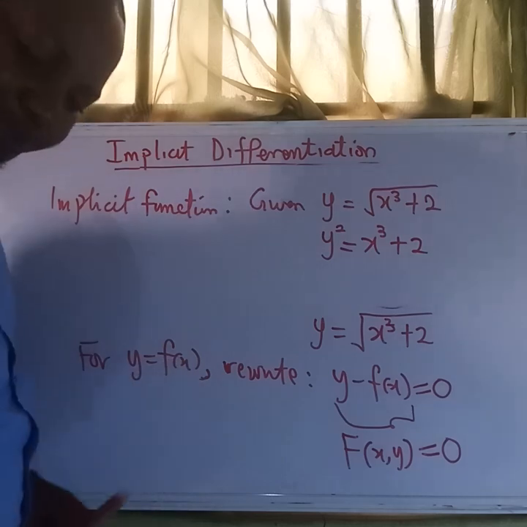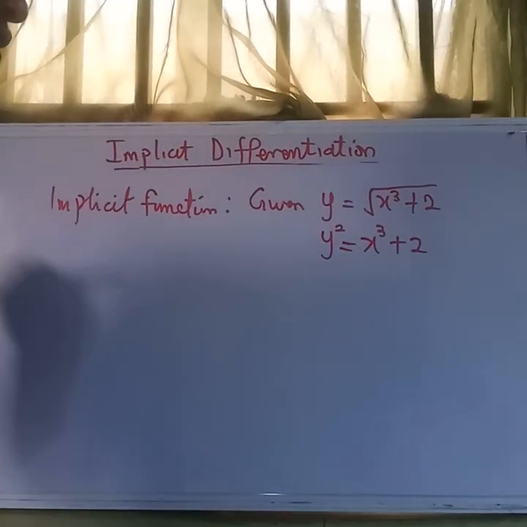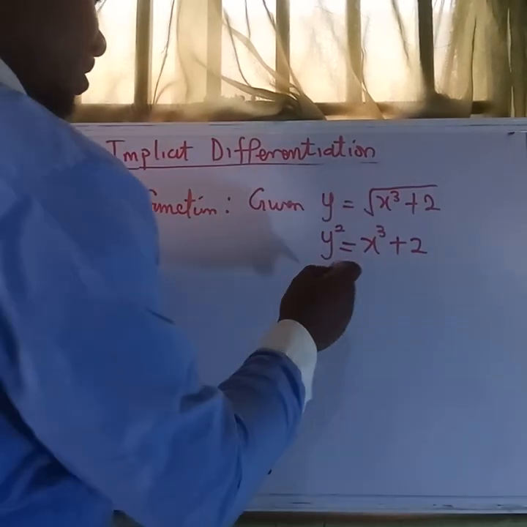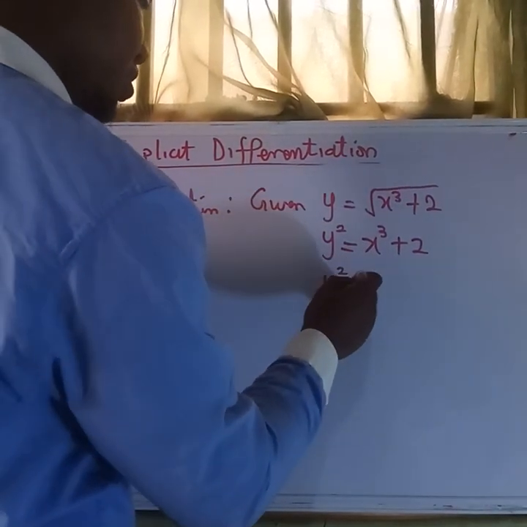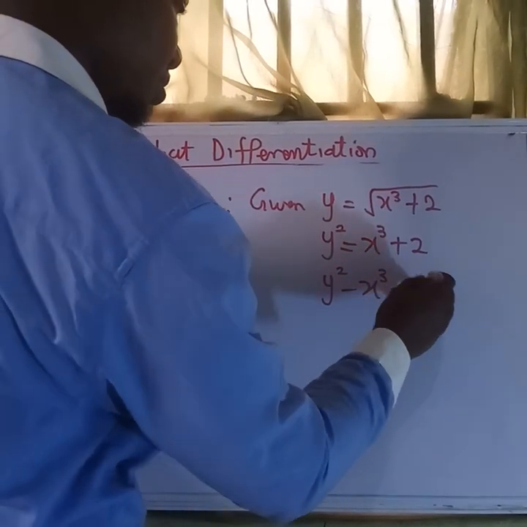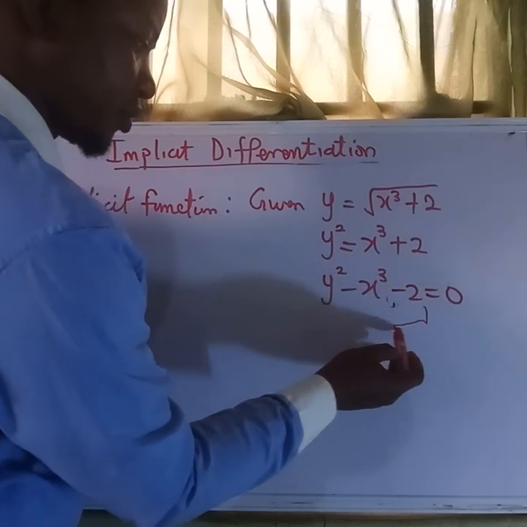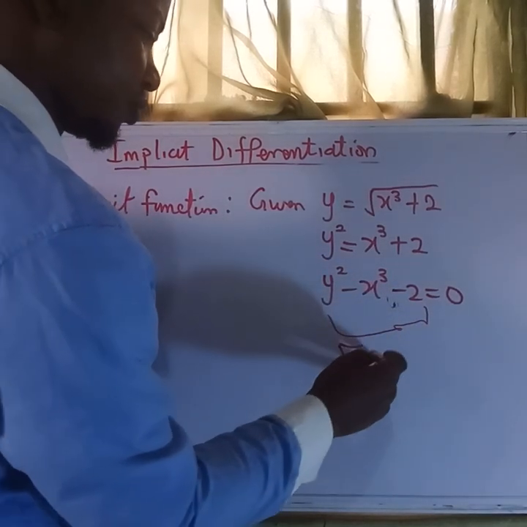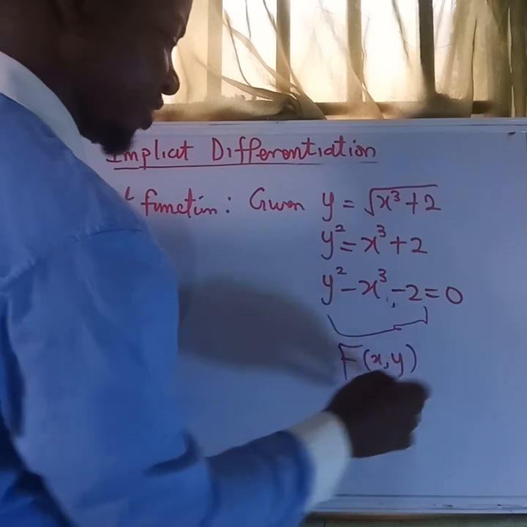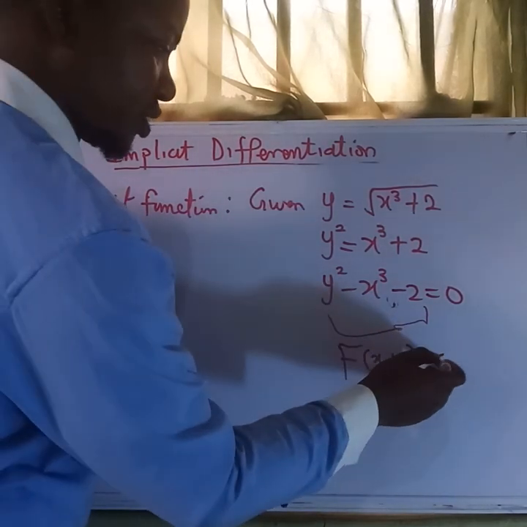By now bringing all the terms on the right hand side to the left hand side, this becomes this. By comparison, we see there is an expression of x and y as we said earlier, and this is equal to 0.